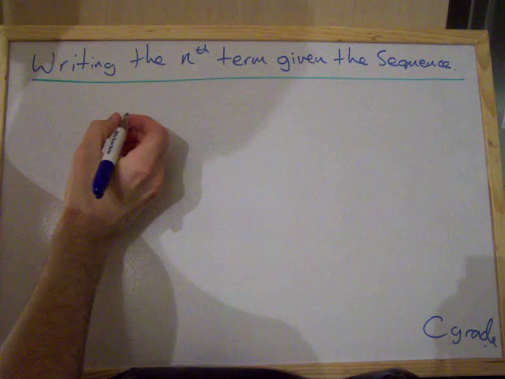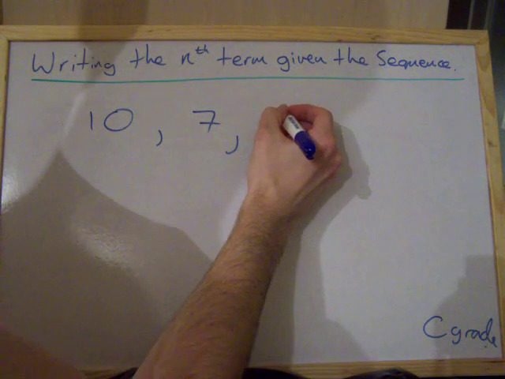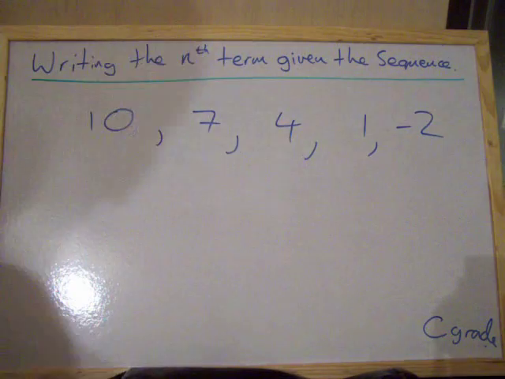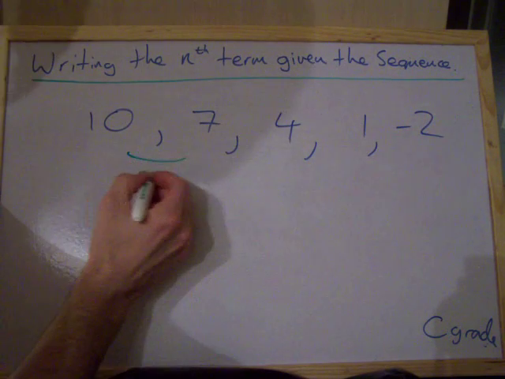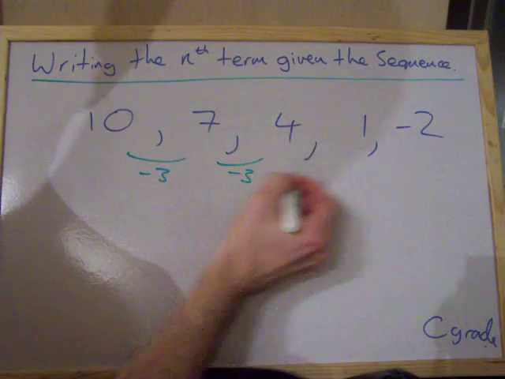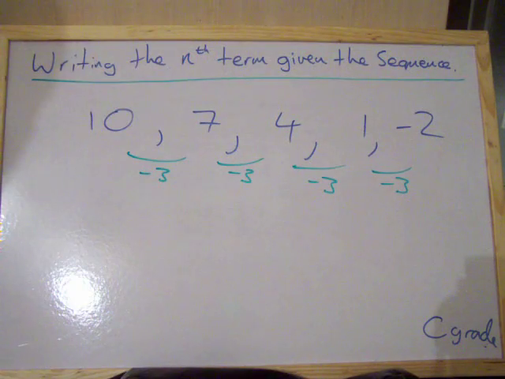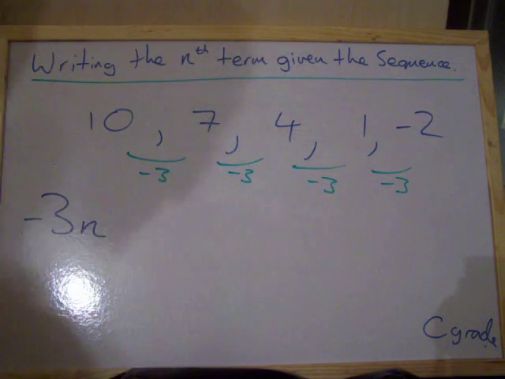Right, a negative one. Negatives will have 10, 7, 4, 1, minus 2. Again, pausing this if you want to try it. No prizes. We've got minus 3, minus 3, minus 3, and minus 3. So to start off, my coefficient of n is minus 3n.